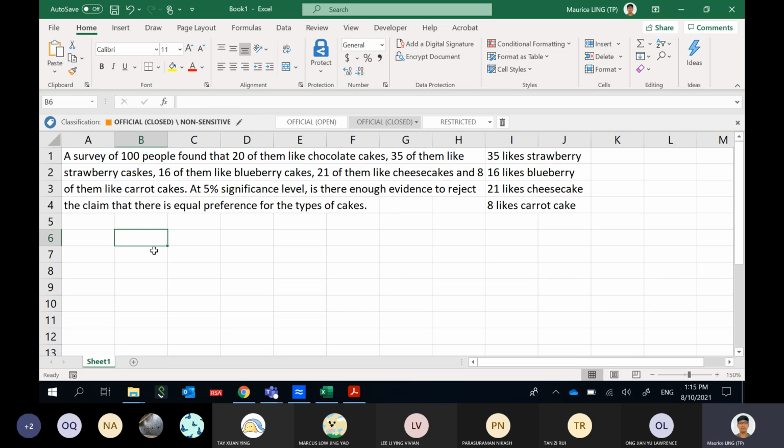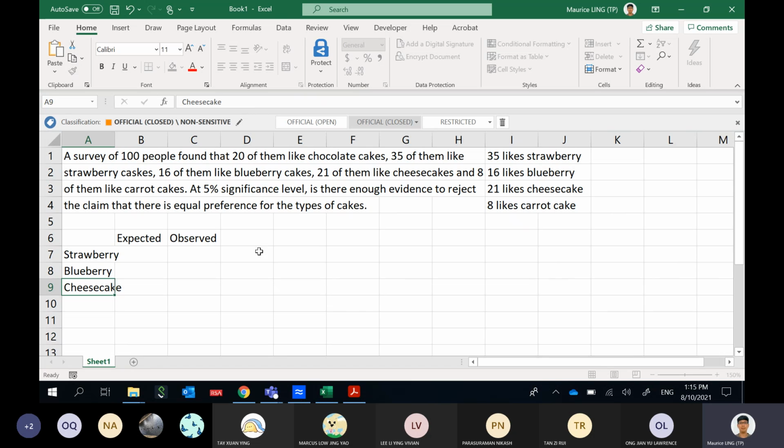So let's set our categories first. We have your expected and observed. The categories will be strawberry, cheesecake, and carrot cake.